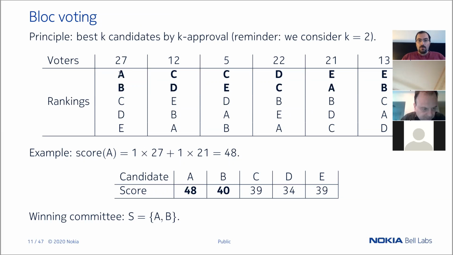Here, for example, these 27 voters give 1 point to their favorite candidate and 1 point to their second favorite candidate. So candidate A has a score of 48, with 27 here and the 21 that are here. The two best scores are for A and B. So the elected committee would be A and B.